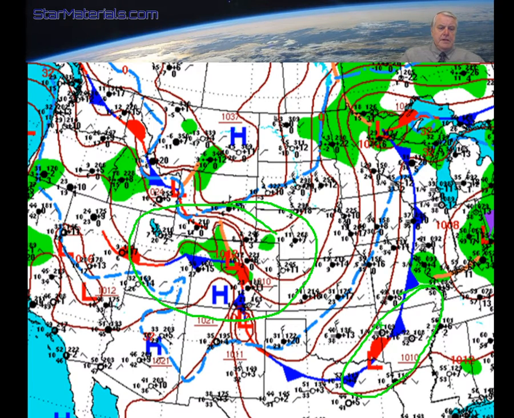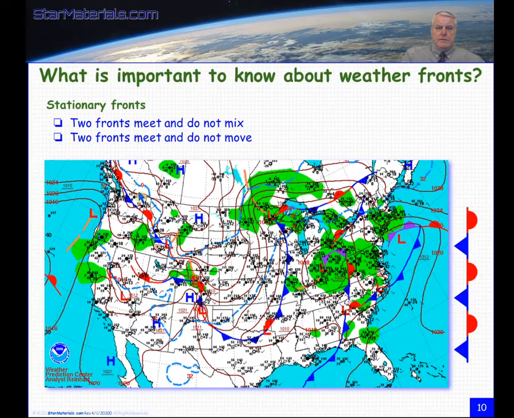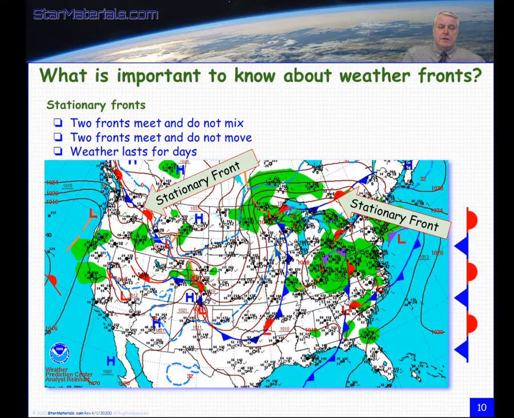They're meeting and they're not moving. The weather lasts for days. If it's not moving, it's staying still. So the weather stays the same. Usually some kind of precipitation. Because remember, precipitation happens when fronts meet. There's a stationary front. Here's another one.